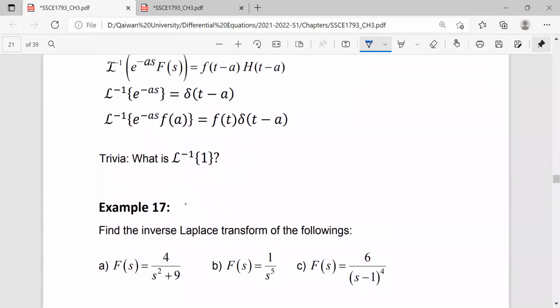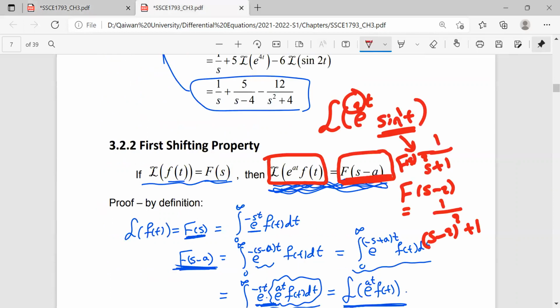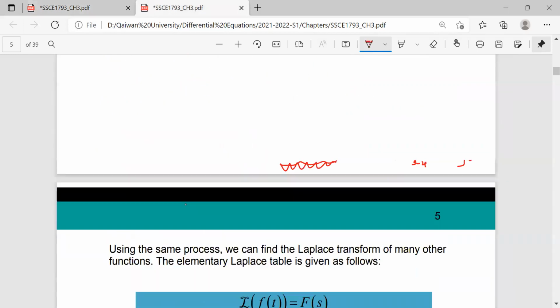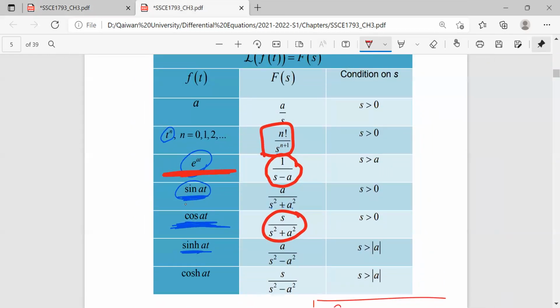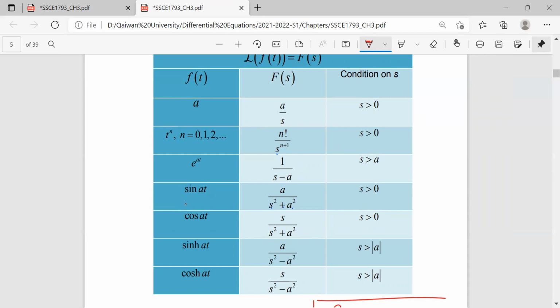So here we have a Laplace inverse of 1. What's the Laplace inverse of 1? It does not belong to these rules.